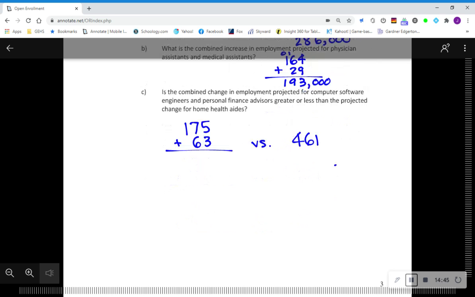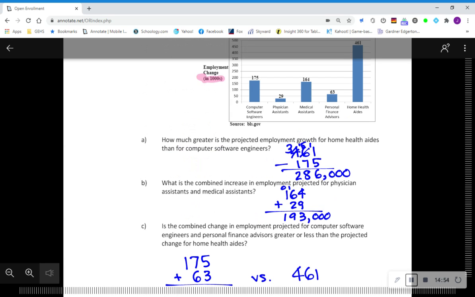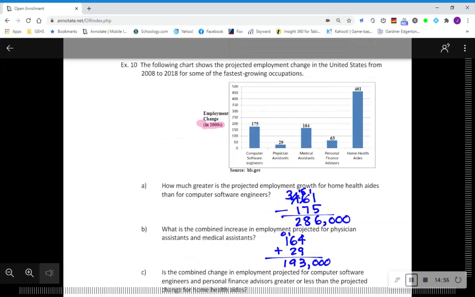Okay, so we're supposed to compare here the combined total for software engineers and personal finance advisors with the health aides. So we're going to combine software engineers and personal finance advisors, and we're going to compare it with that 461,000 figure for the other one.